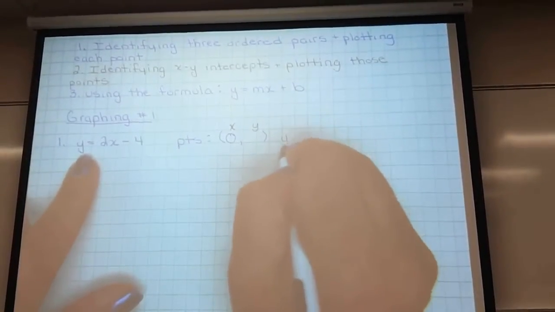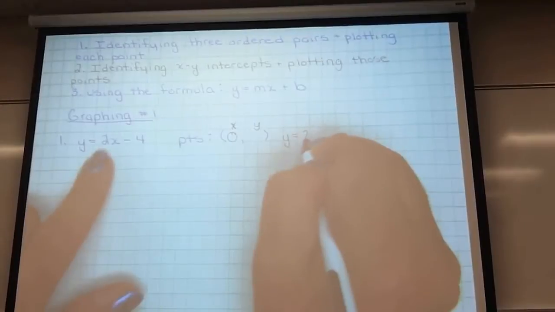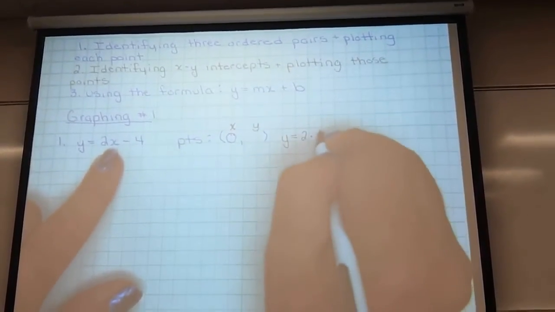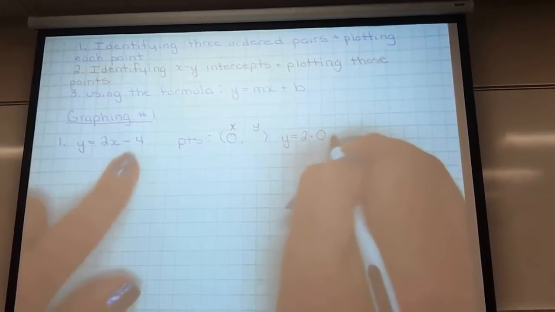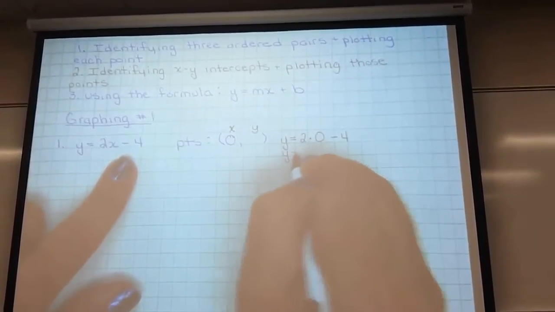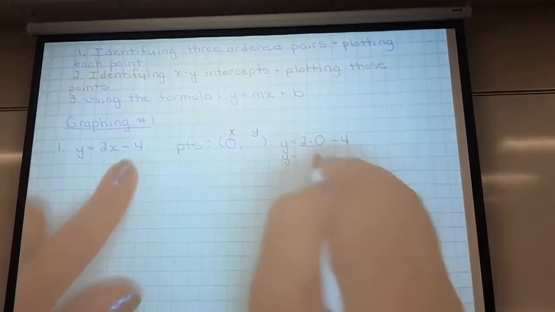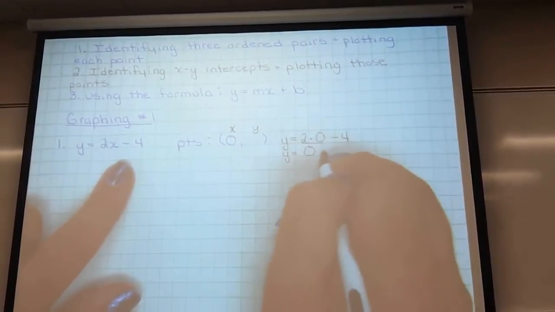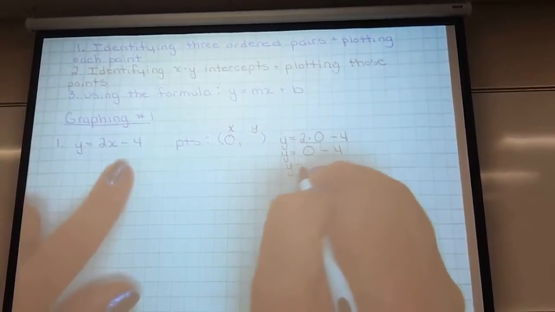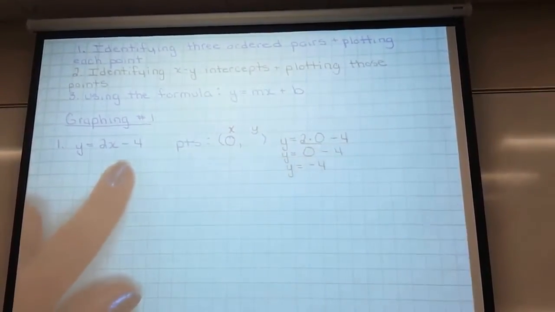So y equals 2 times, what are you changing your X to? 0. 0, minus 4. So y equals, what's 2 times 0? 0. 0 minus 4. y equals negative 4. So that is your missing value.